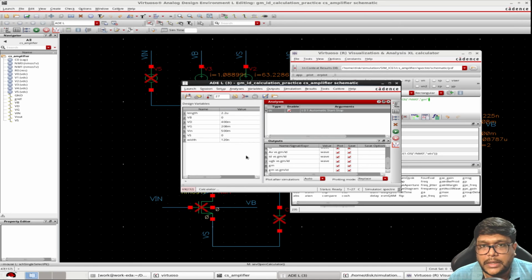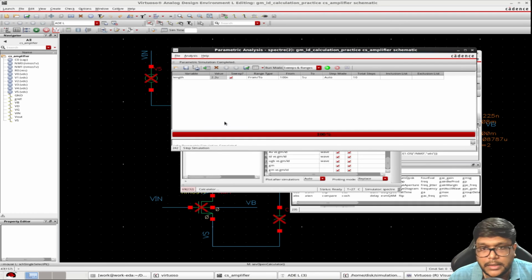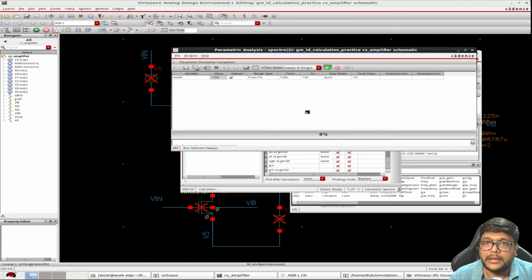But with respect to width, I'll do parametric analysis with width. So I'll vary the width from 120 nanometer to somewhat 10 U to check what is the GM.